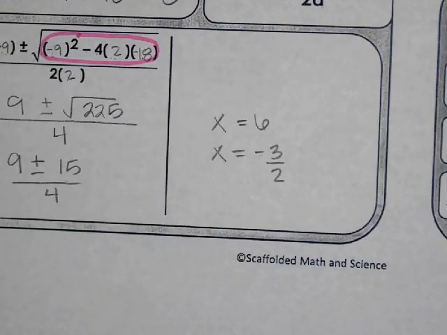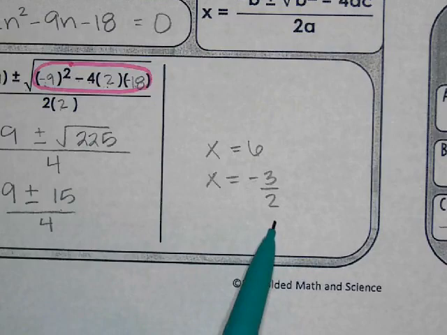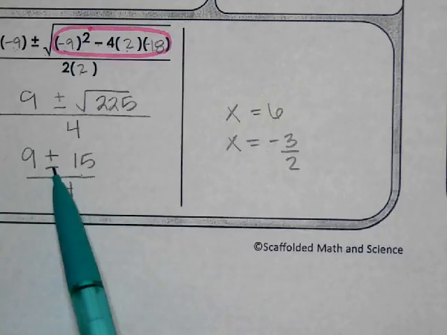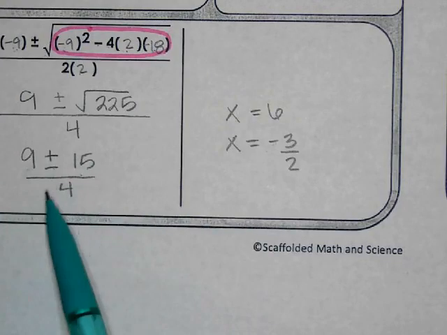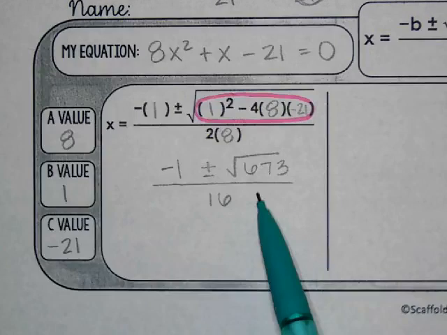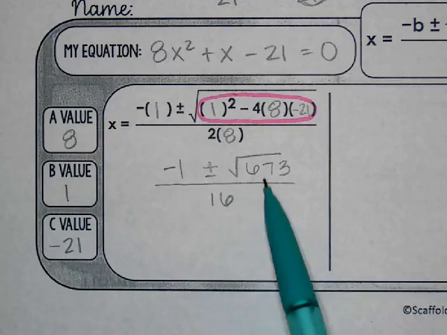It's not a perfect square. So if you're square rooting a perfect square, you get some nice answers, because you end up with something like this. You know, you get 9, 15, 4. Those are things that could become a fraction at the end. Over here, if you're going to square root something that's not a perfect square, you're going to start to get some funky decimals. And then funky decimals divided by 16 are going to stay funky decimals.